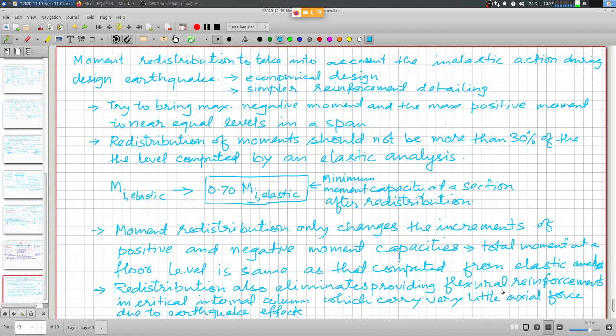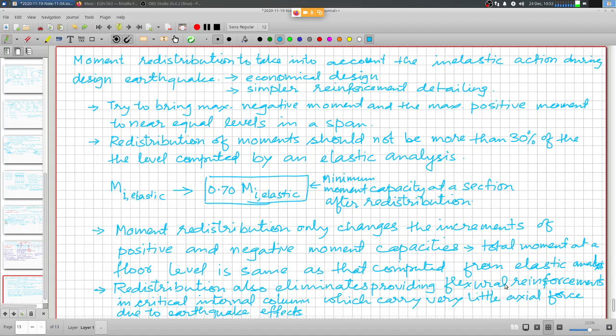Had it not been for these additional moments, high moments coming from the beam framing into the column, and the beams at two ends of the column might be of a different span. That is why I'm not saying here that the interior columns will not carry any axial force.